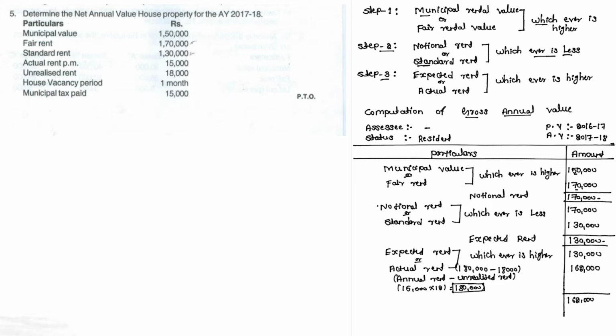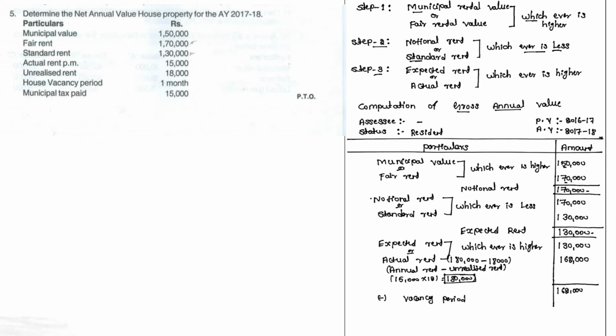Less vacancy period. Vacancy period they given. Vacancy period means no one stayed in that house for a period of 1 month. So that is completely a loss for the owner. So we have to deduct.